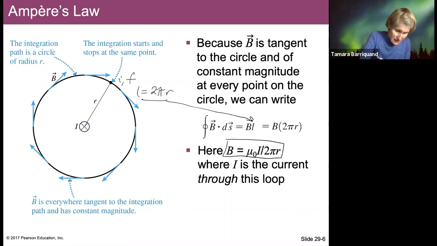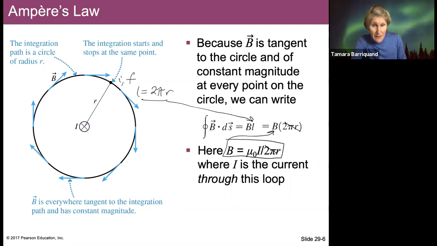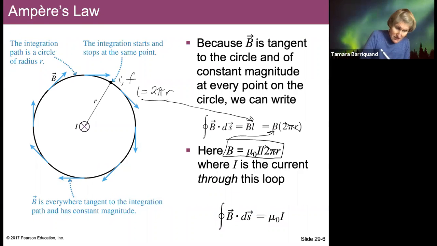So if I put this in here for B, the 2 pi r's cancel, where I is the current through the loop. So now that those two have canceled, we can rewrite this: the closed integral all the way around our current of the magnetic field will be equal to mu naught times I.